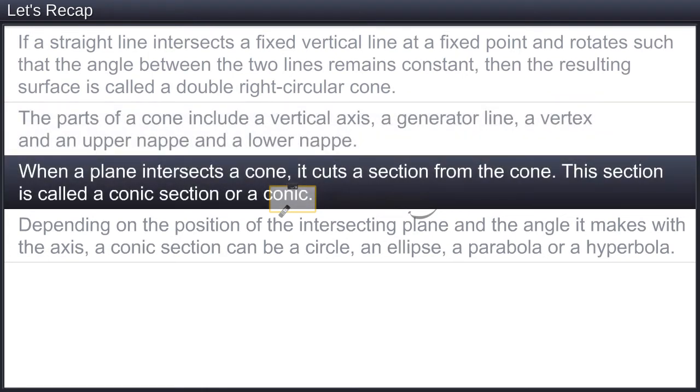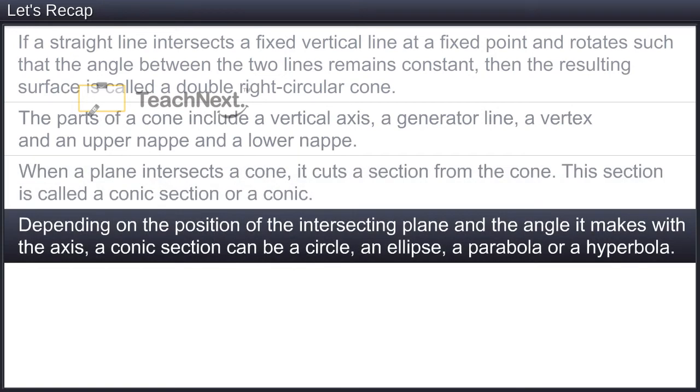When a plane intersects a cone, it cuts a section from the cone. This section is called a conic section or a conic. Depending on the position of the intersecting plane and the angle it makes with the axis, a conic section can be a circle, an ellipse, a parabola, or a hyperbola.